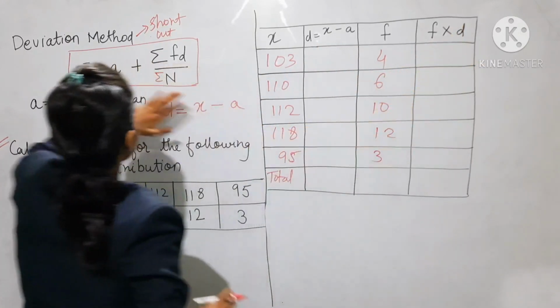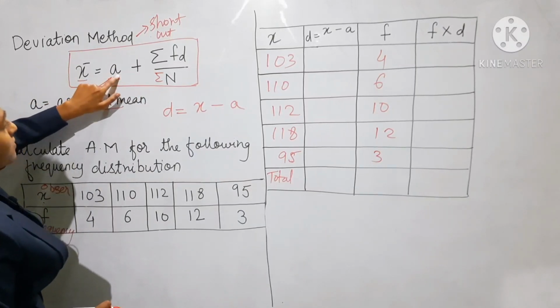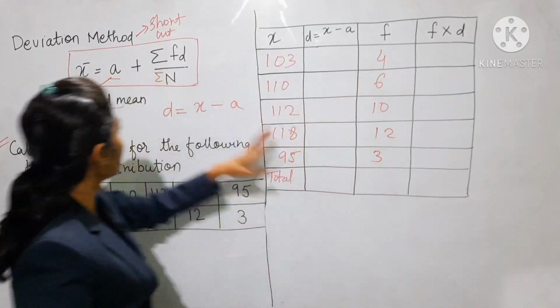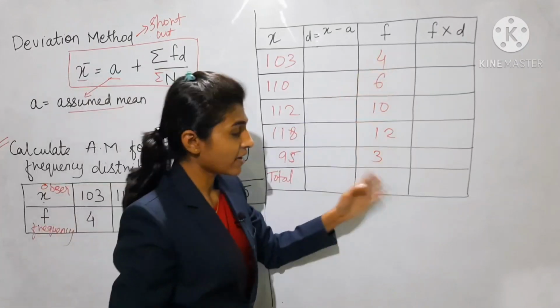Now as per the formula, we do not have the assume mean. We have f frequency, D we have to find, and number of observations means f only.